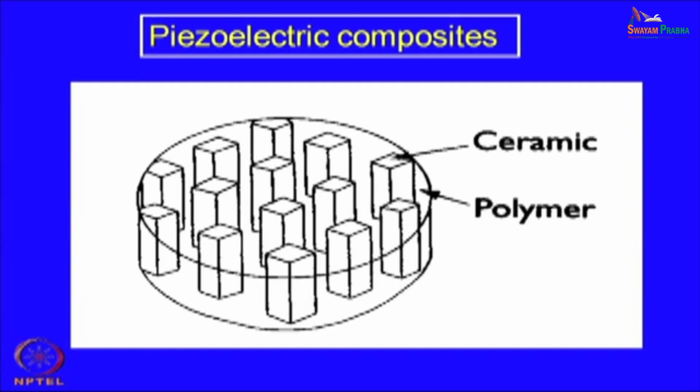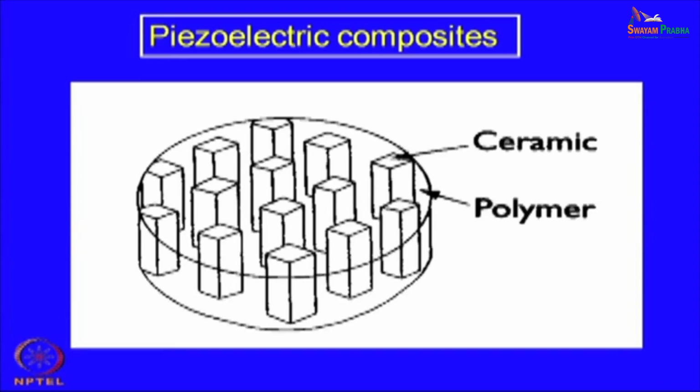So, basically that will mean we have a lamellar structure, or alternate layers of ceramics and polymers. Polymer is continuous in the xy direction, ceramic is also continuous in the xy direction, but in the z direction none of them are continuous. So, one can have a lamellar or layered structure of ceramic and polymer.